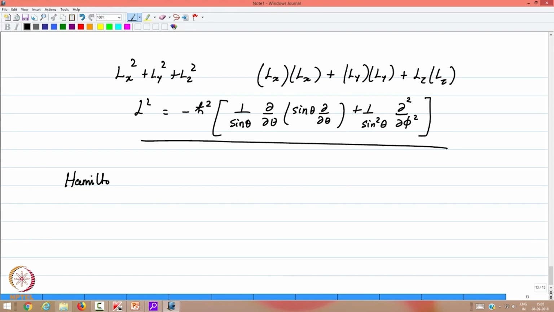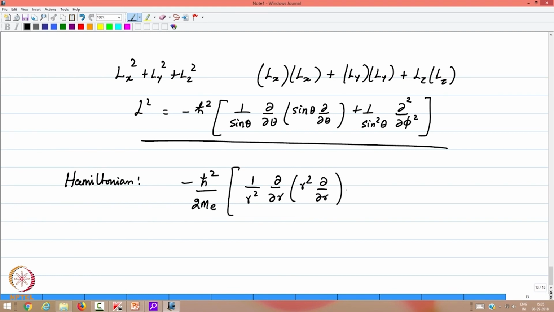They call that. There is a radial part and there is an angular part. The radial part is minus h bar square by 2me times 1 by r square ∂/∂r of r square ∂/∂r, plus 1 by r square sin theta ∂/∂theta sin theta ∂/∂theta, plus 1 by r square sin square theta ∂ square by ∂phi square.